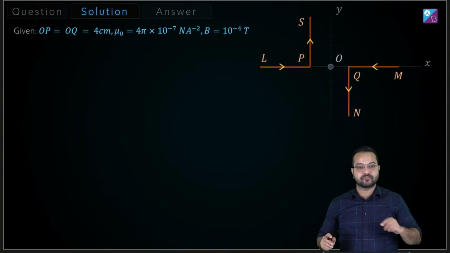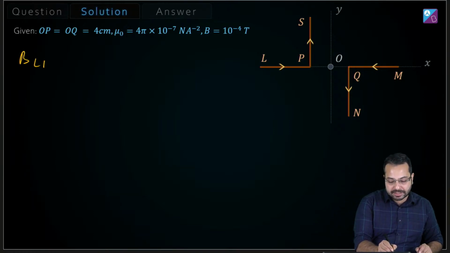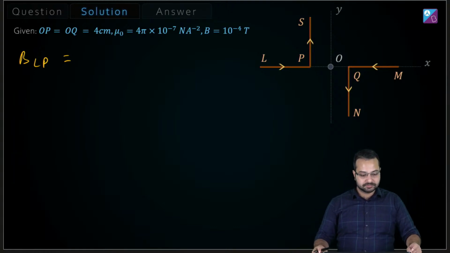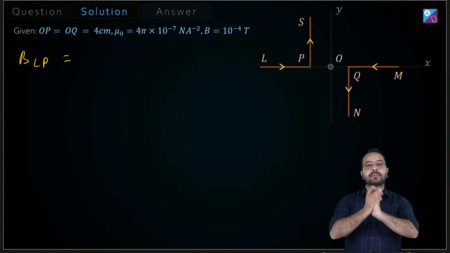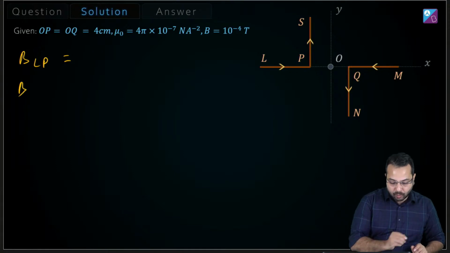Now quickly, can you tell me what is the magnetic field due to the length of the wire LP? Due to the segment LP, what is the magnetic field? And I want to know from you what will be the magnetic field due to QM.